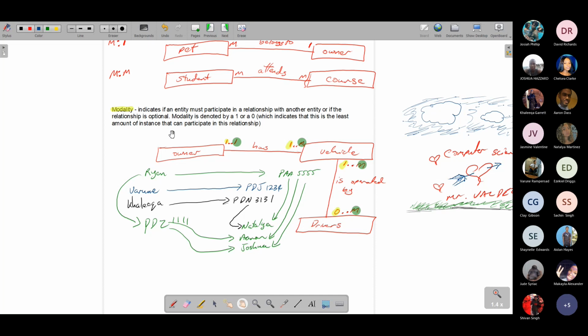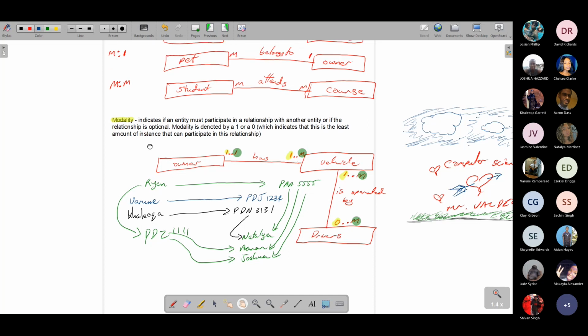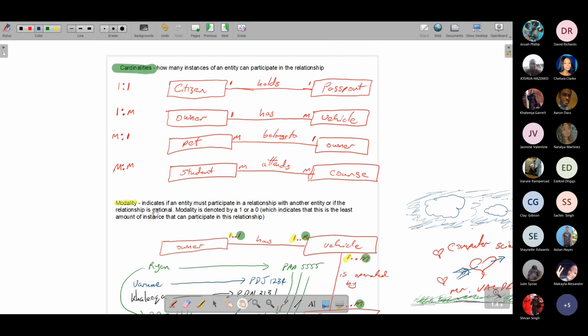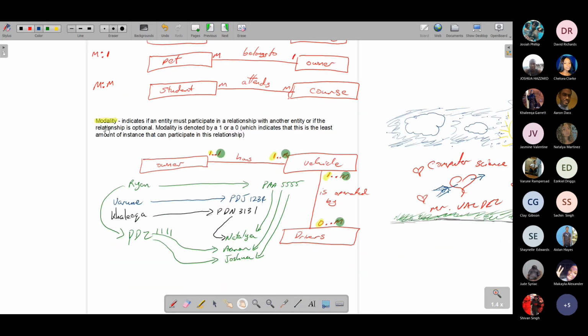So cardinality is more on the upper end, as in if there's only one instance or if there's more than one instance, and modality is if there can be 0 instances of an entity within a relationship.